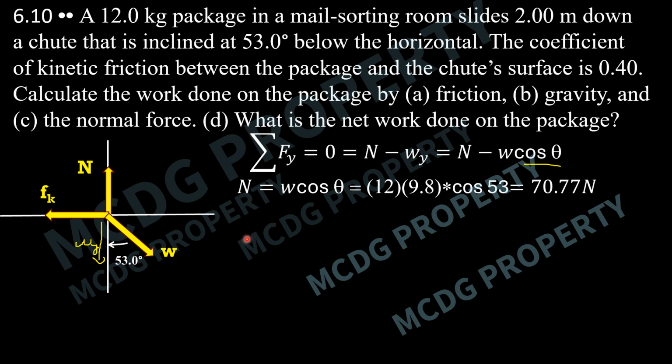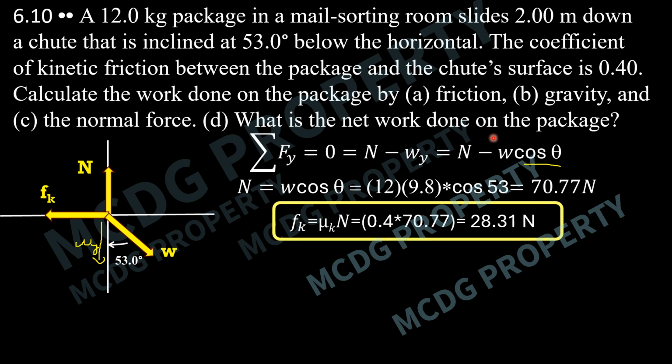Now, since you know already the normal force, you can now solve for the frictional force. The kinetic friction is equal to the coefficient of kinetic friction times the normal force, and that is equal to 0.4, the coefficient of kinetic friction, times the normal force, which is 70.77 newtons. So that will be your frictional force.